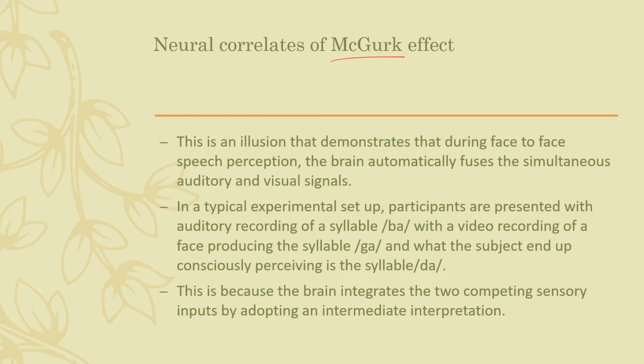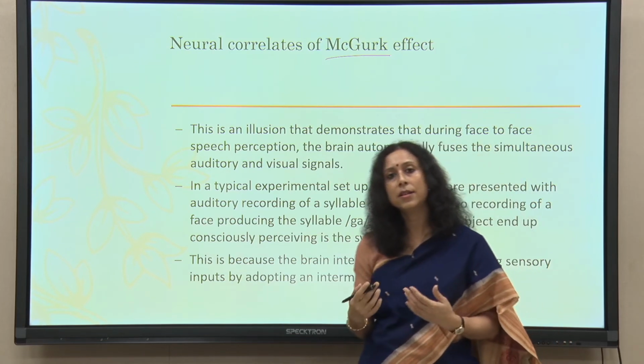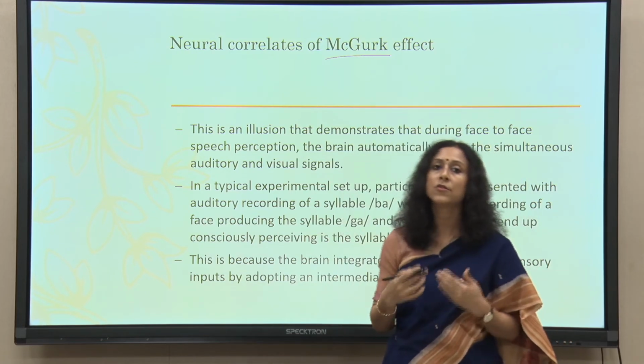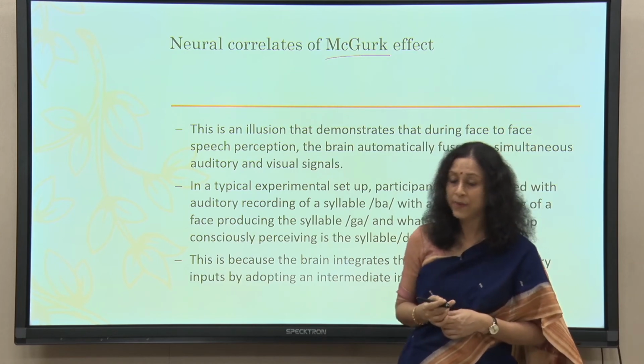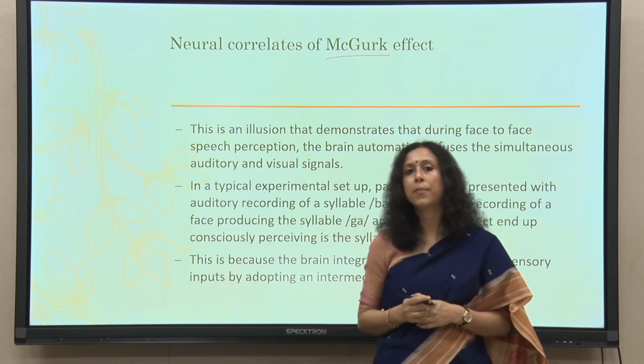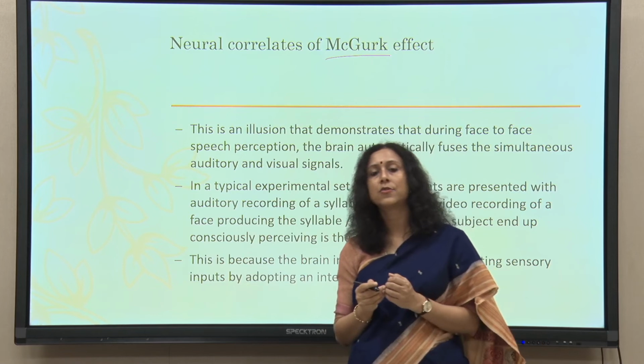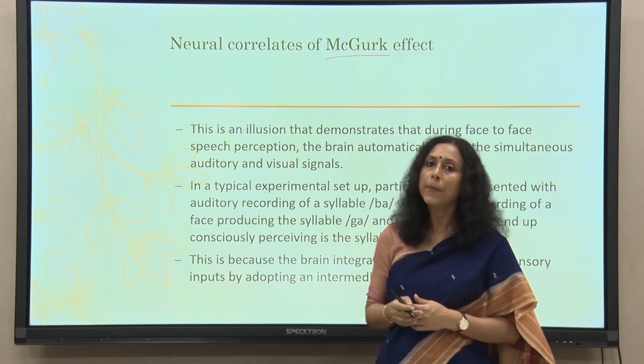When we are listening to somebody face to face, we not only pick up the signal from the auditory loop, but also from the visual loop. So, we get signals from both, and the brain does something very interesting. It fuses those two signals together and kind of takes a middle path.